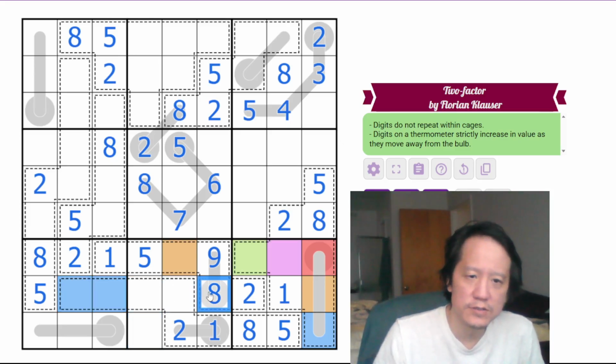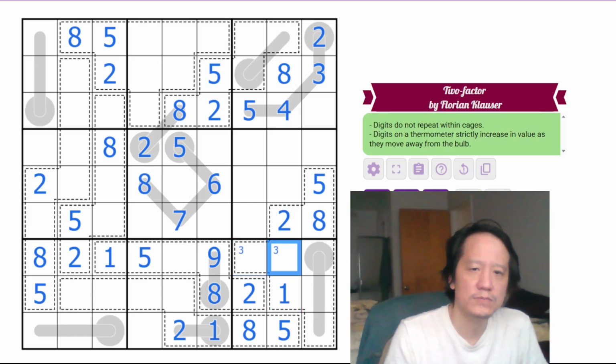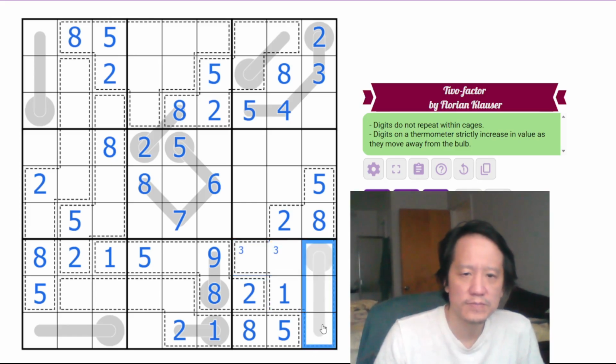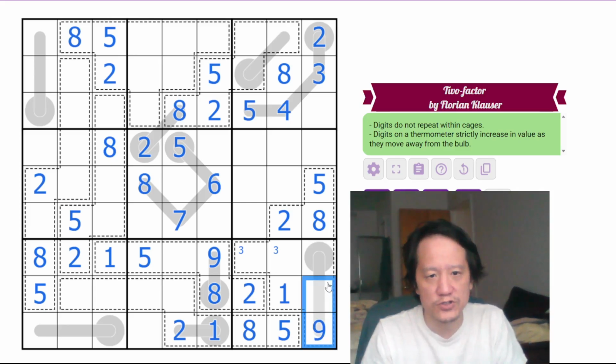We don't know about this. 3 has to be one of these digits here, because 3 cannot be here. 9 cannot be here, so 9 has to be one of these, and it has to be here. Obviously, because it's the largest digit. That means 9 has to be one of these two.